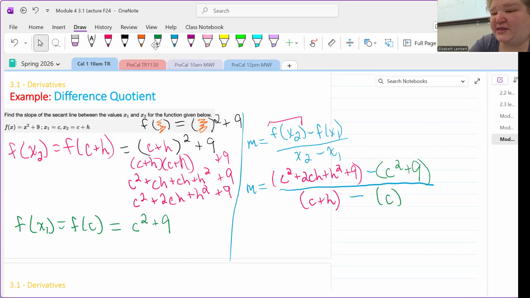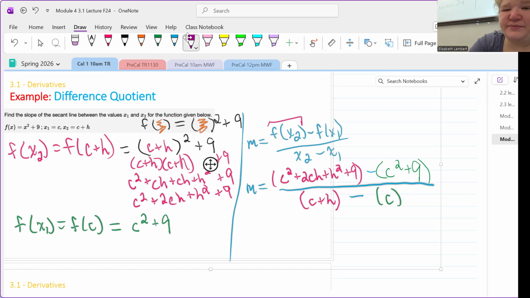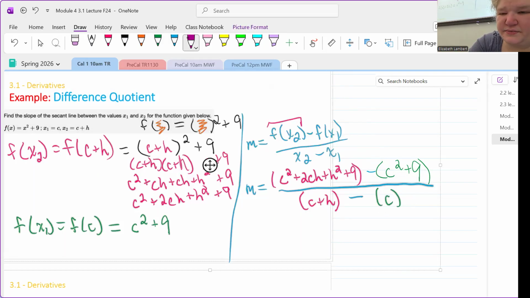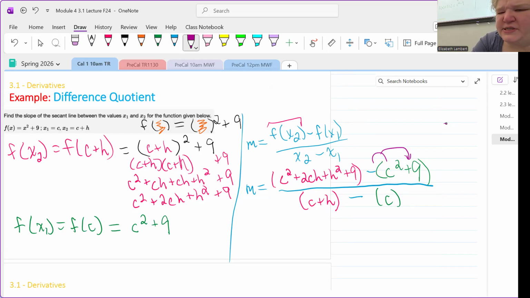If you don't have the parentheses around the c squared plus 9 at the end, you're not going to see that that minus sign needs to distribute through. But it turns out our first two substitutions, f of x2 and x2 itself, the parentheses around there, there's nothing being multiplied.